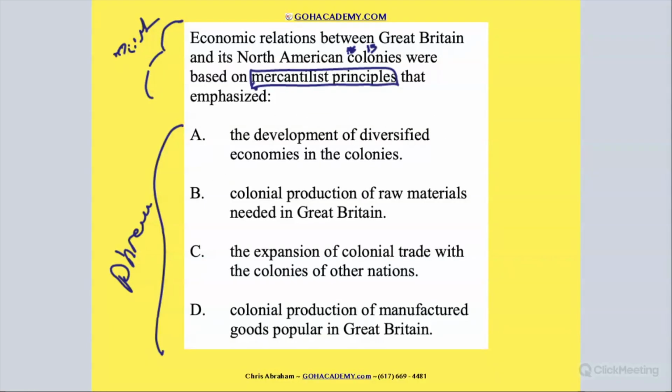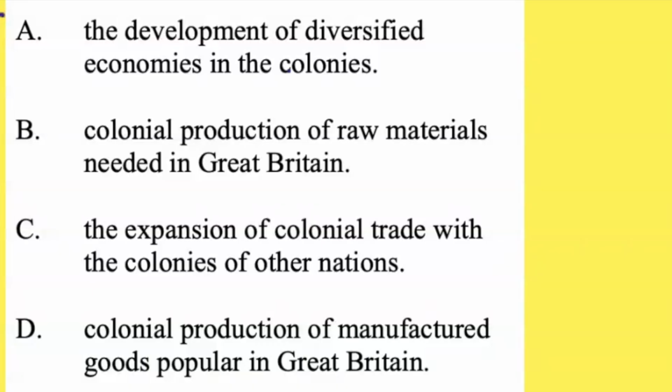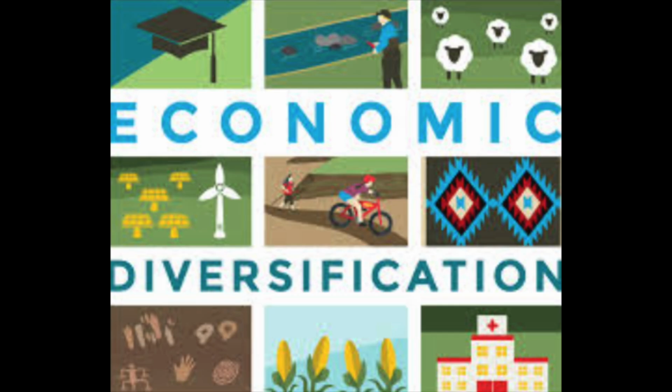So we want to look at these answer choices and think about, how is this system set up with Great Britain and North America based off of mercantilism principles? So let's see. Is it this idea here, the development of diversified economies in the colonies? Let me just underline that phrase, diversified economies in the 13 colonies. What does it mean to be a diversified economy?